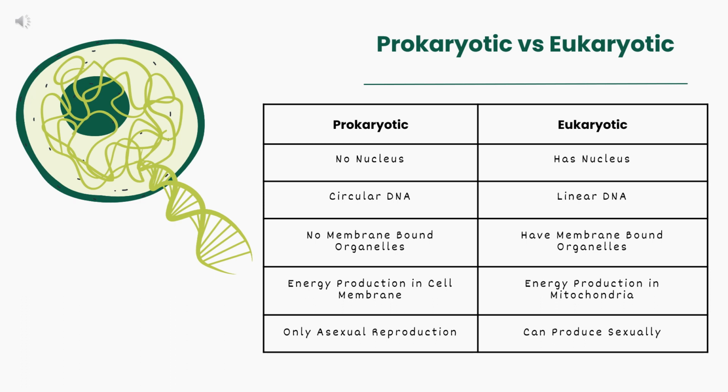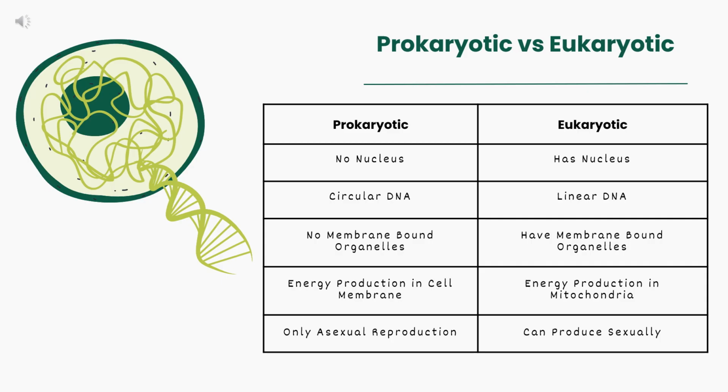But some other contrasts between the two are that prokaryotic cells obviously have no nucleus, and a eukaryotic cell has a clearly defined nucleus with the genetic DNA inside. Prokaryotic cells have circular DNA, and this DNA just floats in the cell, whereas eukaryotic cells have linear DNA, which, as mentioned before, is contained within the nucleus.